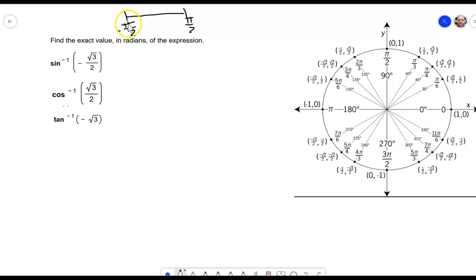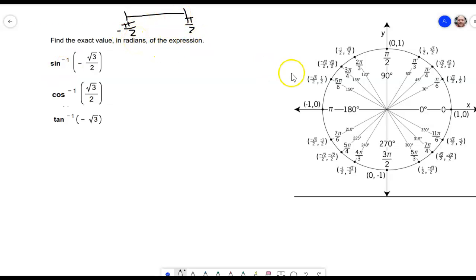So it could be negative pi over 2, negative pi over 4, 0, pi over 4, pi over 2, or anything in between. For cosine, it's going to be between 0 and pi, and tangent has the same as the sine: between negative pi over 2 and pi over 2.